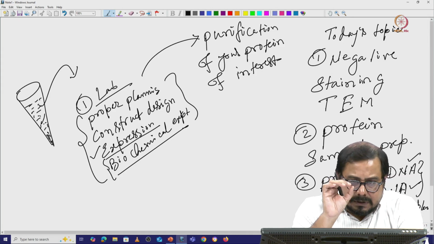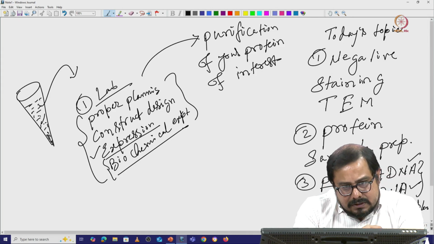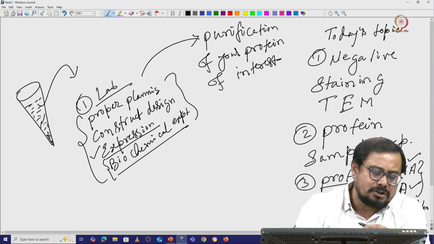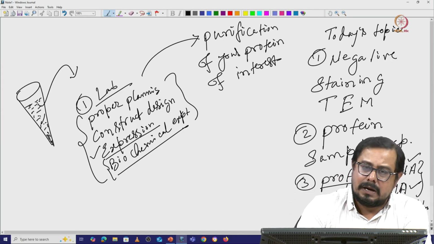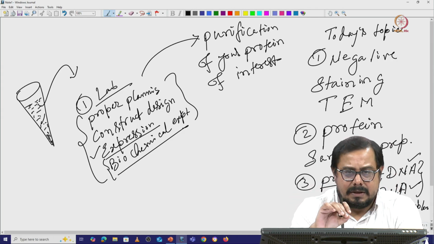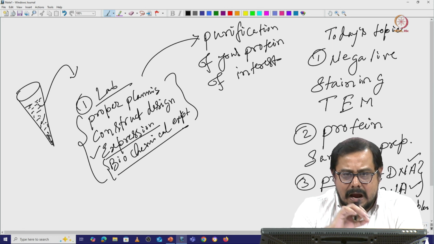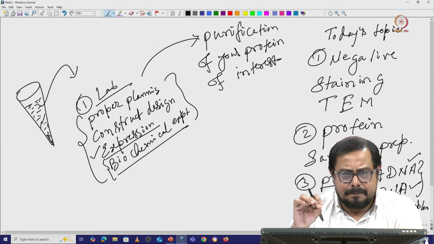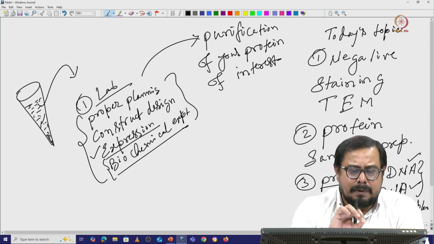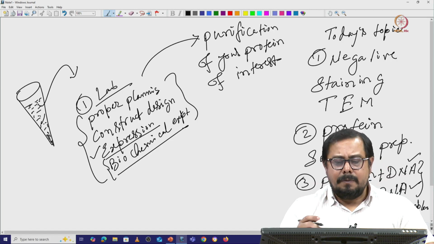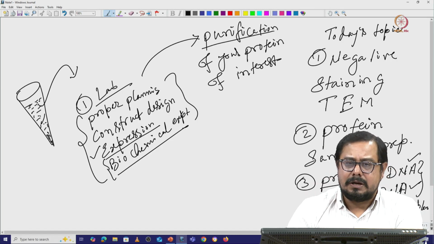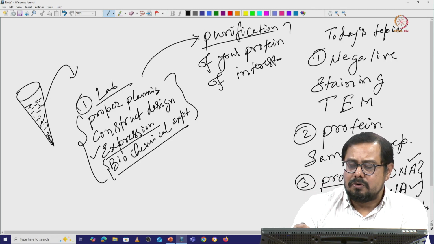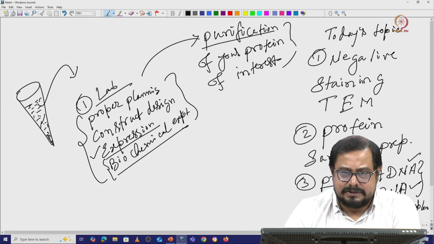So, you have to specifically select that protein only from the solution. In this case, you should know a proper method from where you can isolate that protein properly. And at this stage, purification is important. So, we are going to discuss this purification step.